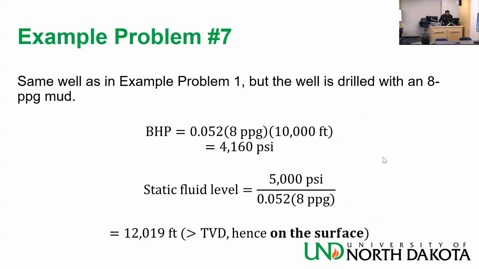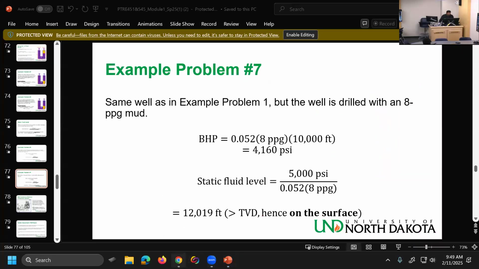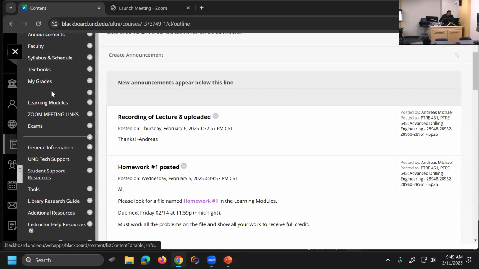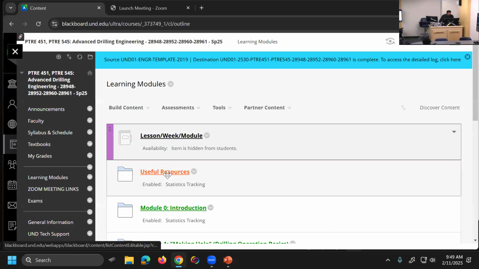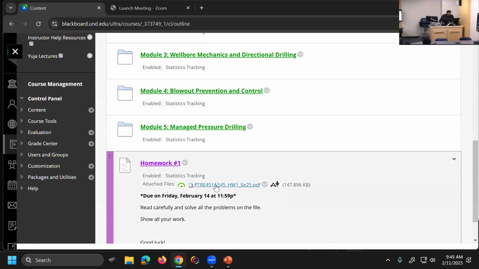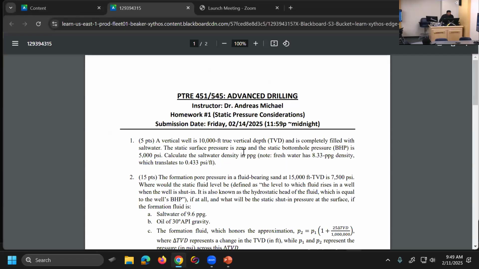Before we go there, let me just overview the homework for you very quickly. Question number 1, for 5 points: a vertical well is 10,000 feet true vertical depth and is completely filled with salt water.